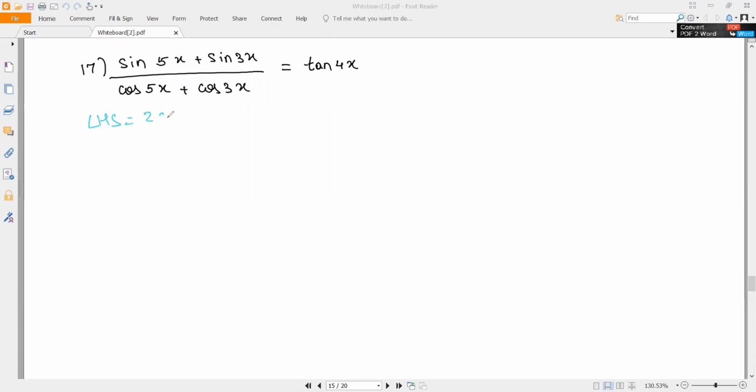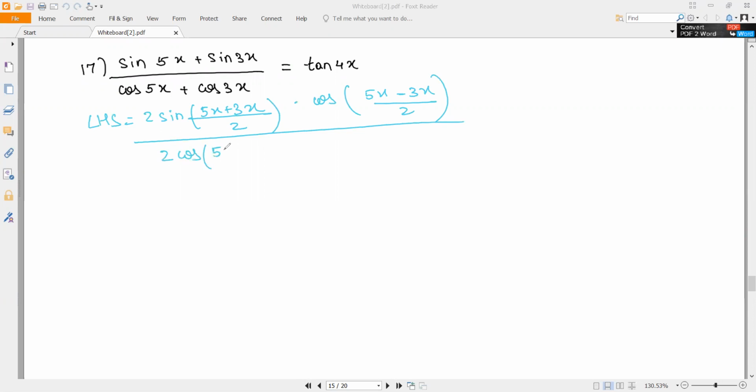Sin A plus sin B is 2 sin of A plus B by 2 into cos of A minus B divided by 2, whole upon cos A plus cos B, which is 2 cos of A plus B divided by 2 into cos of A minus B divided by 2.